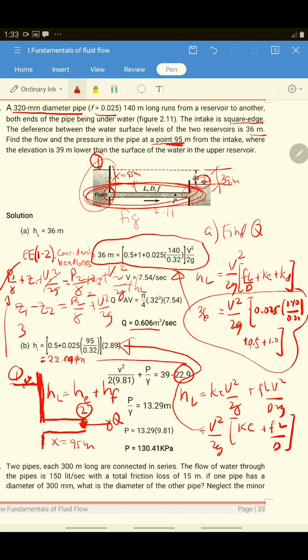So you have 39 is equal to, plus head loss. So 39 minus head loss. How much is the head loss?